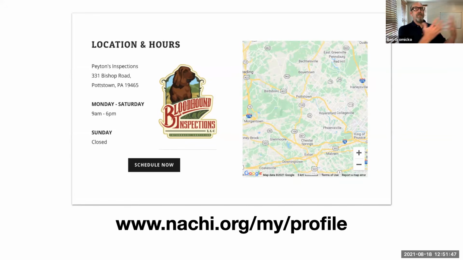But people who are moving to the Pottstown area understand that map. It's like a trigger in their brain. So have a map of where you work so that people know, oh yeah, the company goes to Birdsboro, so I'm going to give them a call. When should I call? Are they open on Sunday? No, they're closed. Maybe instead of saying closed, just have a link there to schedule online. Okay.